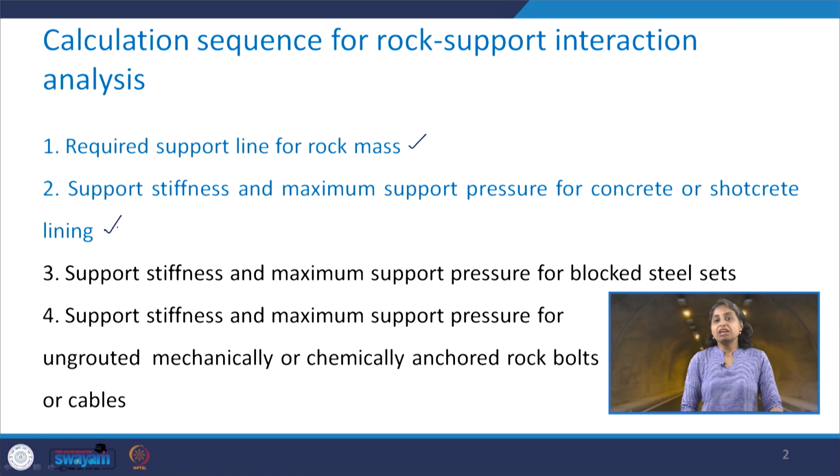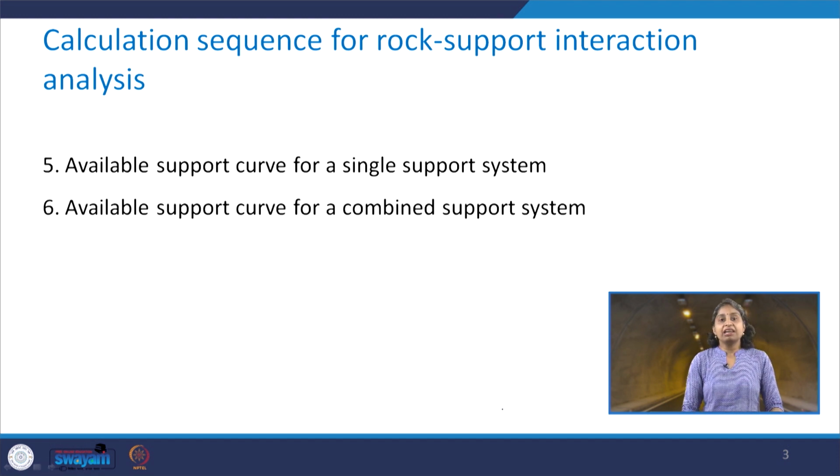So, today we will cover the remaining 4 aspects, which are the support stiffness and maximum support pressure for blocked steel sets, then the support stiffness and maximum support pressure for ungrouted mechanically or chemically anchored rock bolts or cables, followed by the available support curve for a single support system.